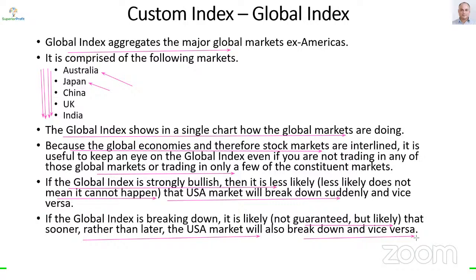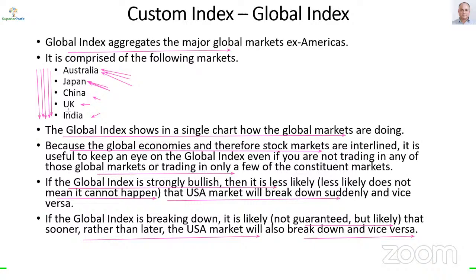Now, if you notice these global markets, they all open before the USA market. Japan opens first on Monday, then, not Japan, Australia opens first on Monday, then Japan, then China, actually, then India, then UK. They all open before the USA market.